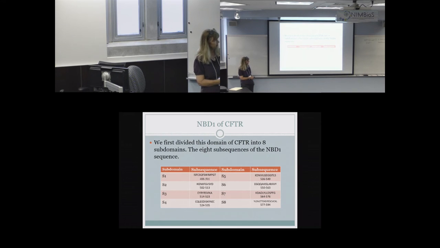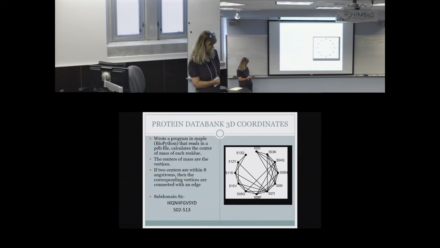So here was this case. We took NBD1, broke it into 8 subregions. So they each have their own primary sequence. And there's an example of what the graph would look like. There is the one that causes so much trouble when it's deleted, F at position 508. So now we can do like a virtual mutation at this level.